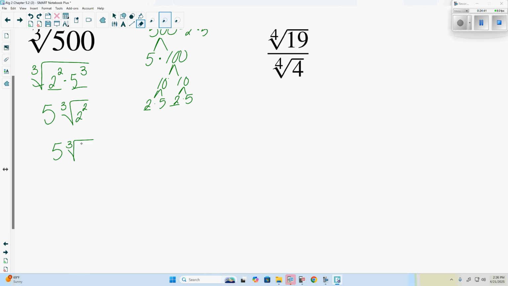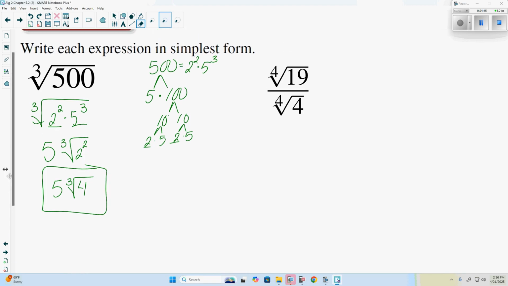So it's 5 cubed roots of 4. Questions on doing these here? Essentially, it's the same as what we just did, but we get it in that factored form, and pull out as many groups as that nth root as we can, and any that are left over are left inside the radical.